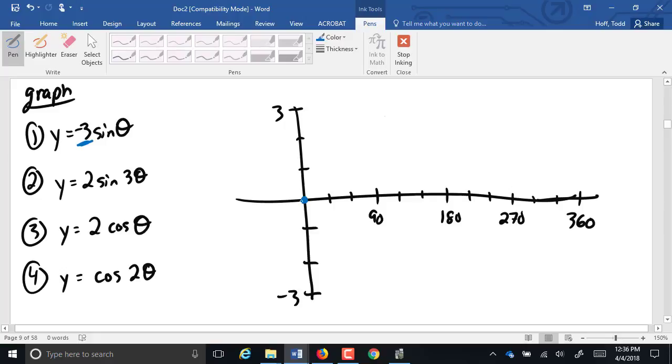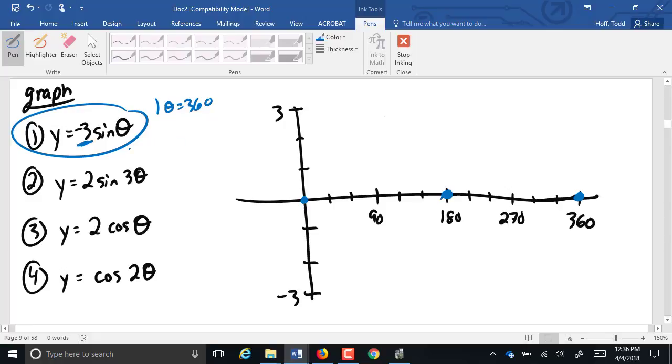What is the wavelength going to be here? 360. I put in theta instead of x, but we can still read it as 1 theta equals 360. Dividing by 1, it's 360. So our cycle will complete at 360, which means the midpoint of the cycle is at 180. So that's our other equilibrium, right there.